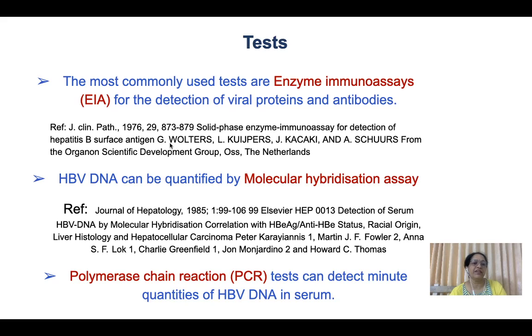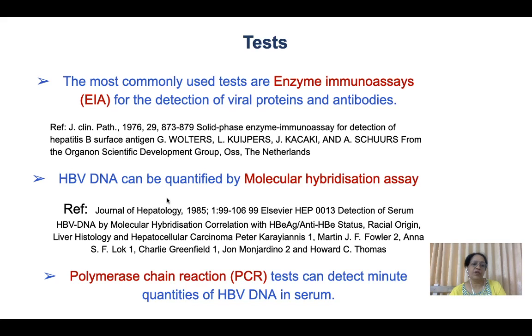Journal of Clinical Pathology. Then the second reference is for hepatitis B virus DNA, which can be quantified by molecular hybridization assay, and here you can refer to the Journal of Hepatology, where the research paper is on molecular hybridization correlation with HBe antigen and anti-HBV status.